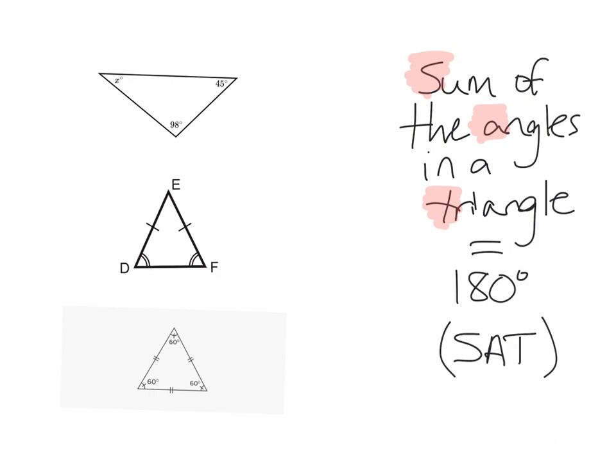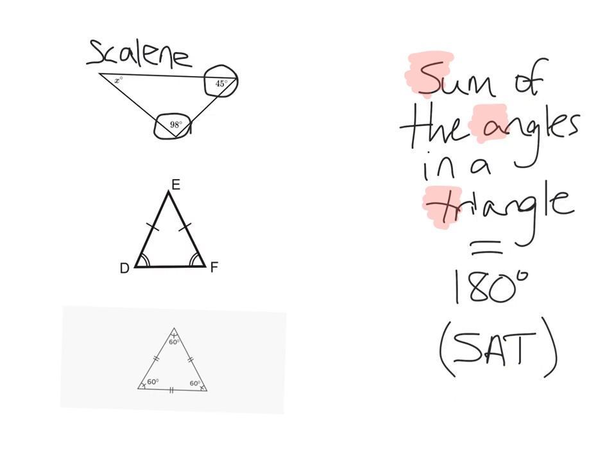So when we look at this first diagram, I know that that equals 45, that equals 98. This is a scalene triangle, because scalene triangles have no sides that are equal and no angles that are equal.